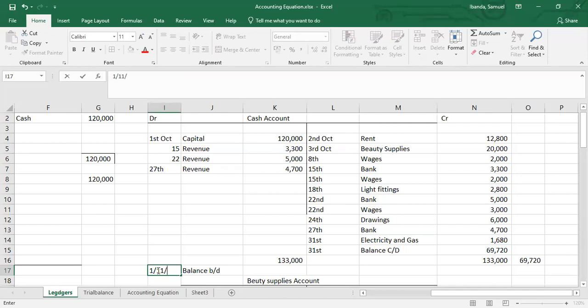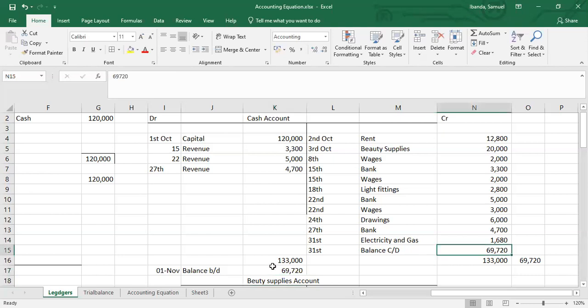But if it's next month, it will be the next month after October. So this will be 1st of November, like that. So I'll put here my balance, the difference, which was 69,720. So as it is here, it is here.